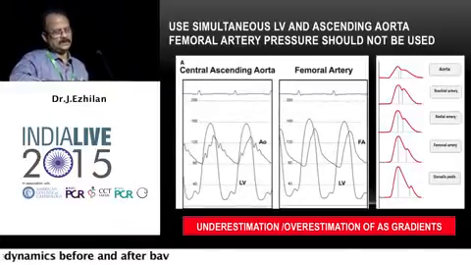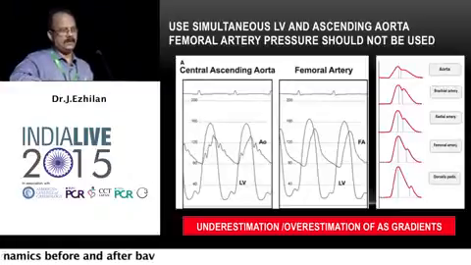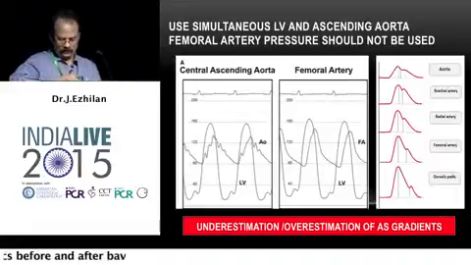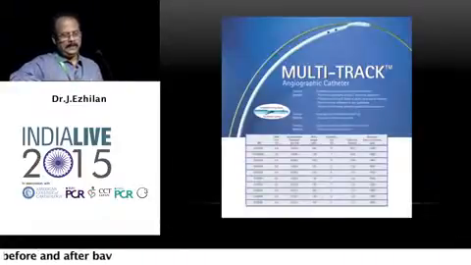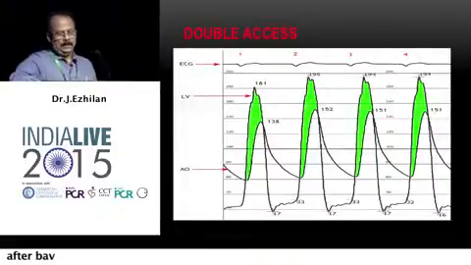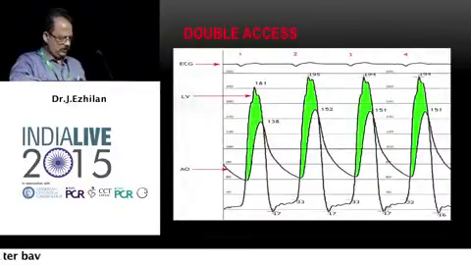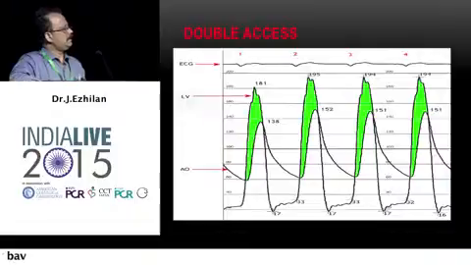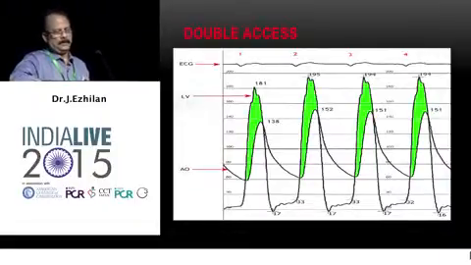So never use a central ascending aorta and a femoral artery pressure. Always use the central ascending aorta and LV pressures. And now you have this multi-track catheter, which also can be used to measure the gradient with a single access. When you take a double access from both sides and then measure the gradients, that will be ideal to measure the mean gradient in the cath lab.